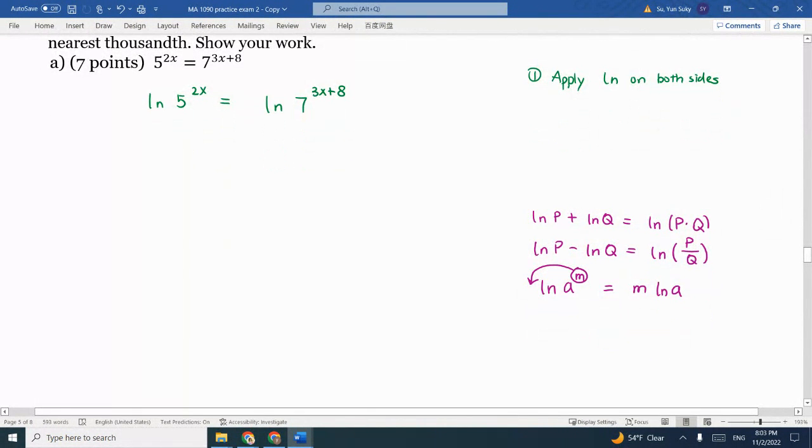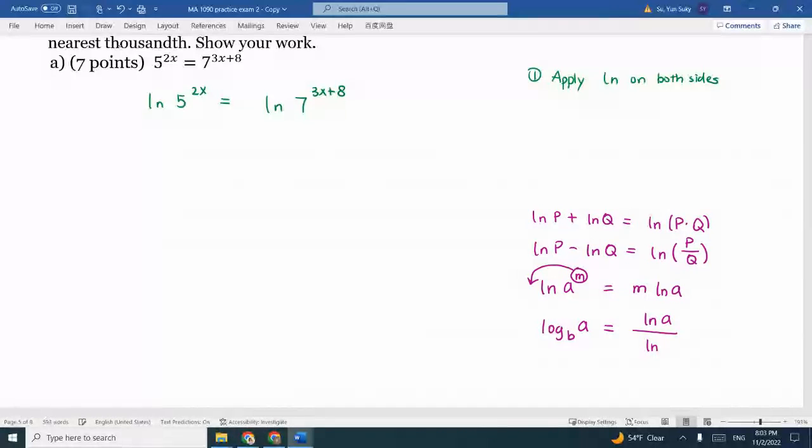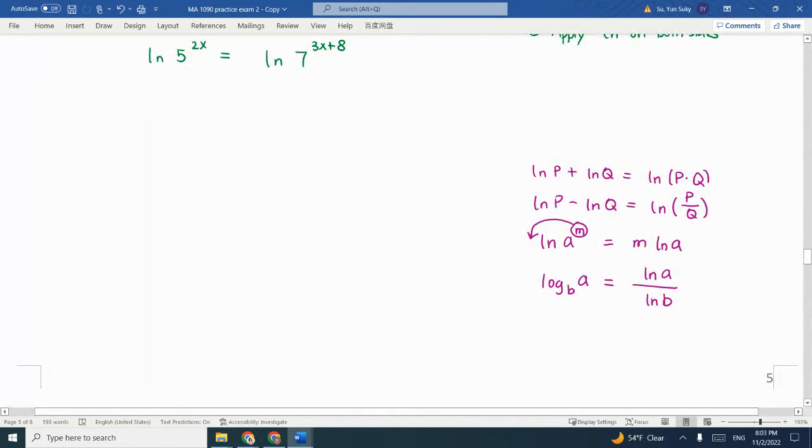And we also have the change of base formula for any base. We can use ln to be the new base. Then this is ln of a over ln of the old base, which is b. And furthermore, we have the formula log base b to the n of a to the m.